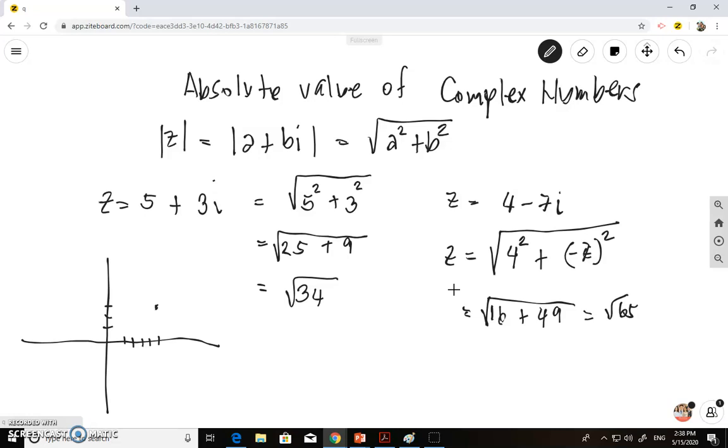Okay, next. What is the difference between the rectangular form of a complex number and the polar form, which is the trigonometric form of a complex number? In rectangular form, the given values are a and b.